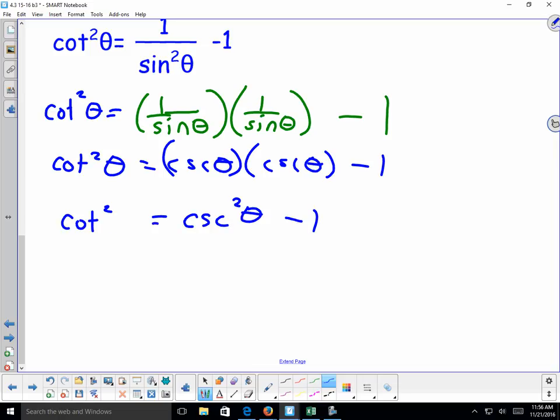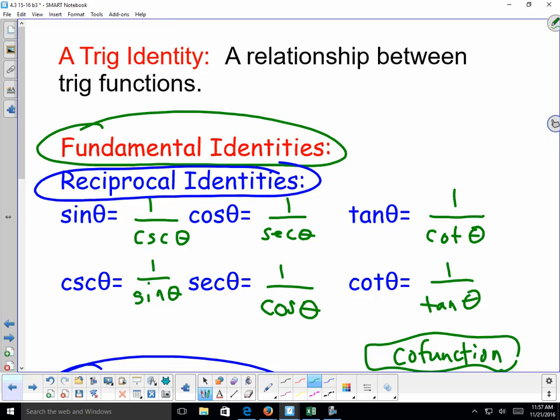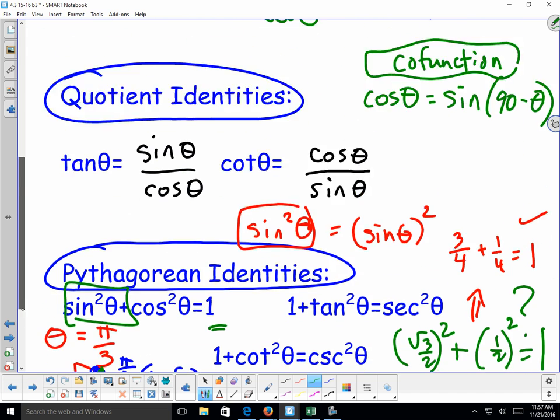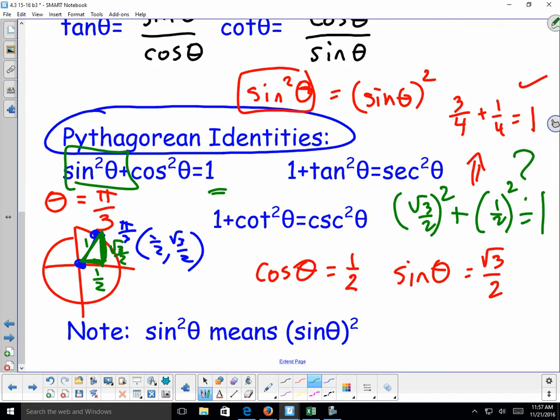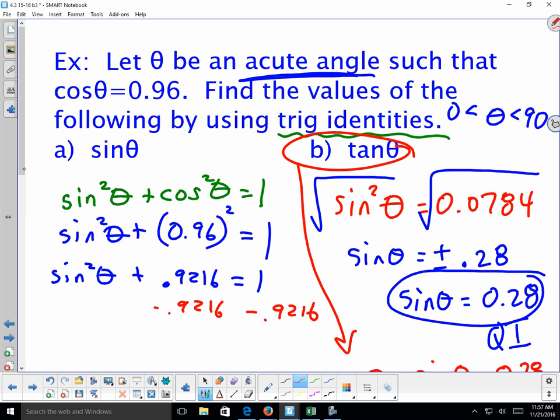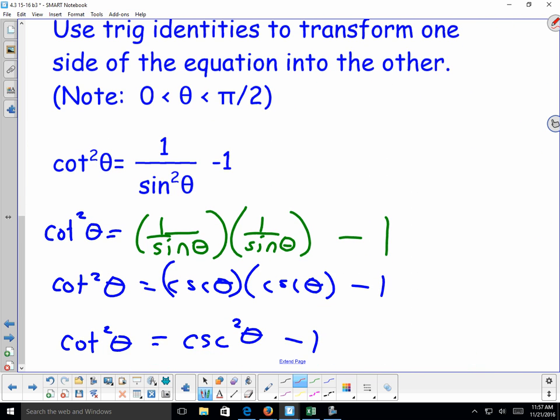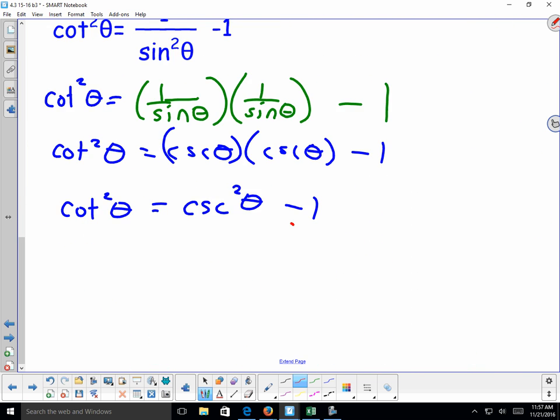Okay. And do we have an identity about cosecant theta? For example, can we use this identity right here that says that cosecant squared theta is equal to 1 plus cotangent squared theta? Agreed? So we're going to replace the cosecant squared right here with 1 plus cotangent squared theta.